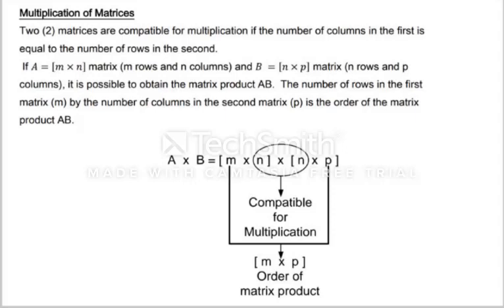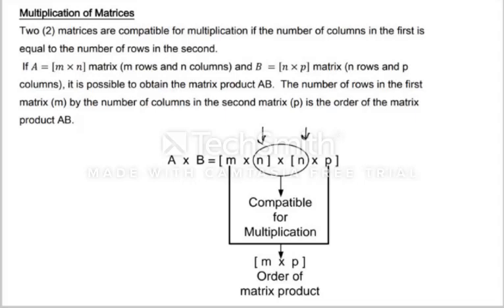So we can see that the number of columns in A, which is n, is equal to the number of rows in what? B, which is also n. So because the number of columns in the first is equal to the number of rows in the second, the two matrices are compatible for multiplication.